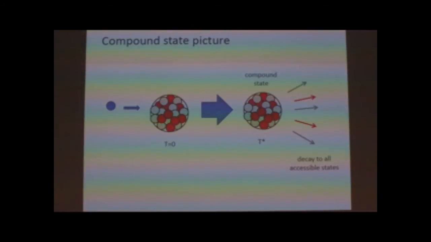Another thing that can happen is the particle coming in can interact with perhaps first one nucleon, but then that nucleon hits its neighbor nucleon, which hits another neighbor nucleon, and you get a thermalization, so the energy that comes in is spread to everybody. So you get a compound state, which is at a very high temperature, and then the compound state just sheds energy as it evaporates, if you like, as best it can to cool itself. So you end up with different fragments coming off, more mass, less mass, neutrons, alphas, all kinds of things.